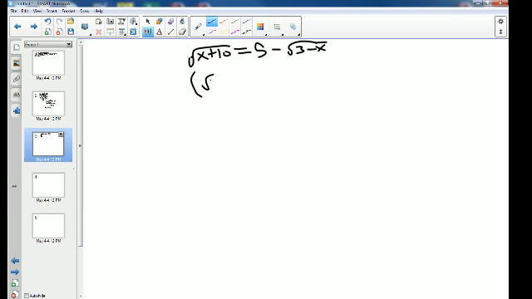So this is the square root of x plus 10 equals 5 minus the square root of 3 minus x. The square and the square root cancel. This becomes x plus 10 equals, and because you have a radical and a number that is not combined with a square root, you cannot just cancel.